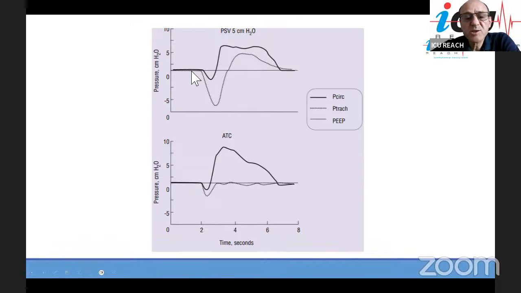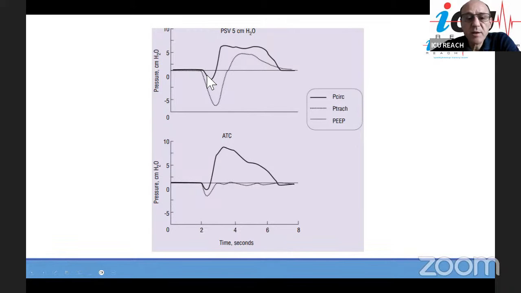And you can see that the patient is generating negative pressure here. And the pressure in the circuit goes up to 5 centimeters of water. So this is set at pressure support 5 centimeters of water, compared to the bottom graph of ATC that is set automatically with no pressure support.